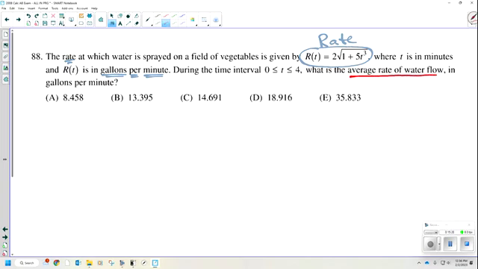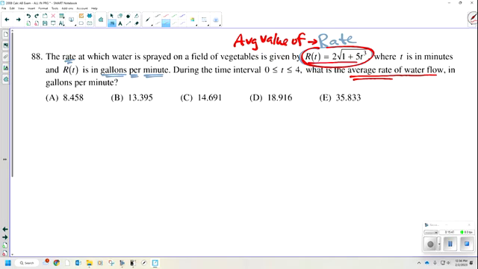Whenever they say average rate, and this is tricky the way they worded it and presented it, I kind of try to train my students to think average rate or average slope is change in y over change in x. However, they already gave me the rate. I want to find the average value of this rate.